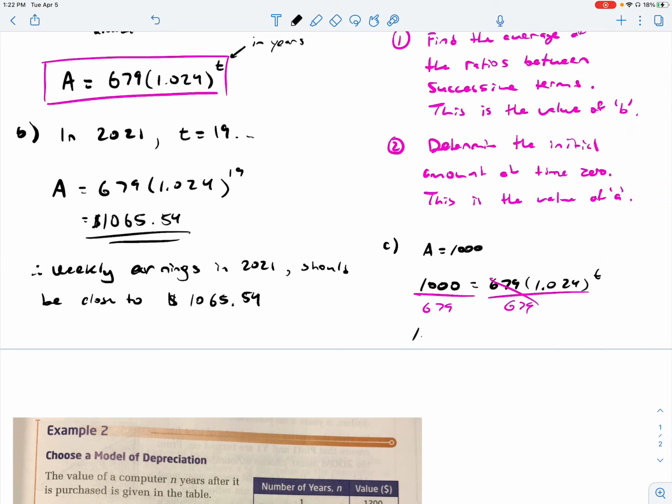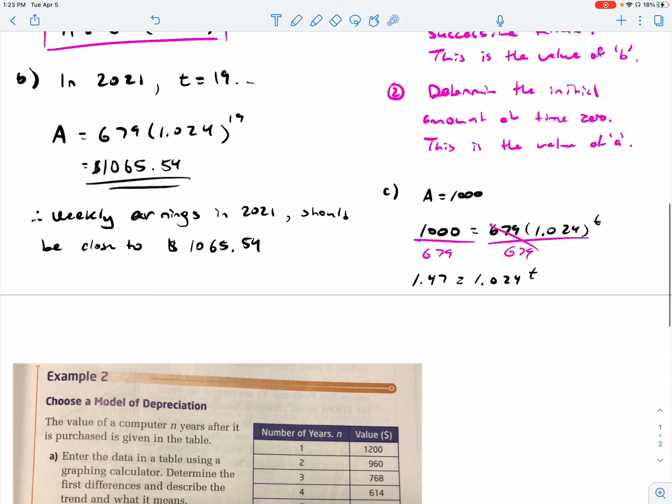And then we're going to get 1.47. Then we have 1.024 to the exponent t. So now we have to solve this. You can try doing some trial and error for t. Try plugging in like 2 or 5 or 10 until you get something close to this. The other way is to graph this. You can actually graph two equations and then find the intersection.